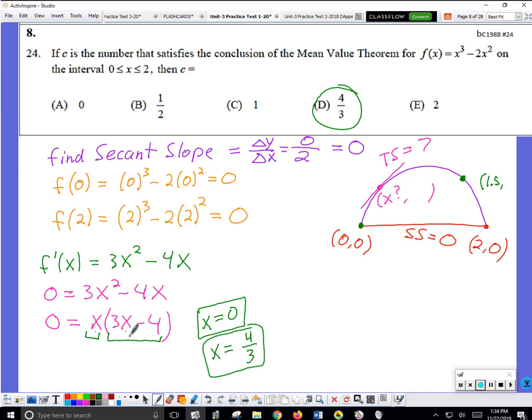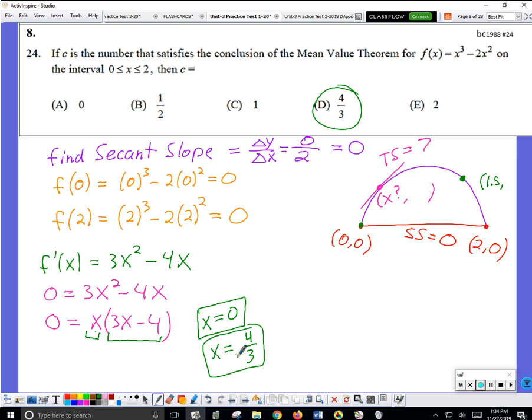What would this be? It's a whole 0. Exactly, the multiplier. So that works. But there's another x that also works. If you put a 4/3 here, what's 3 times 4/3? 4. What's 4 minus 4? It's 0 times 4/3.